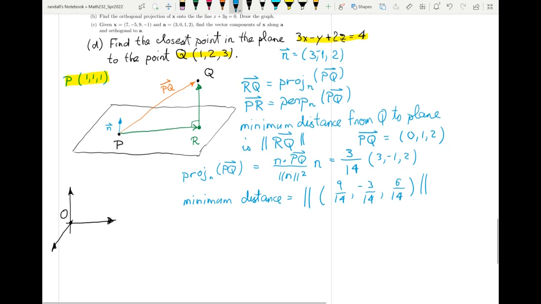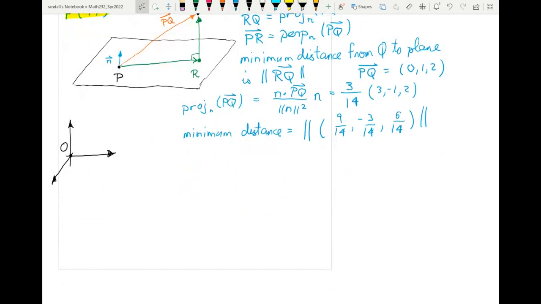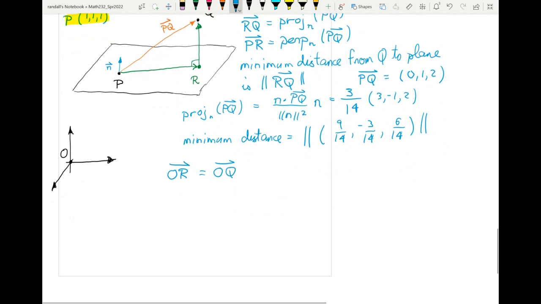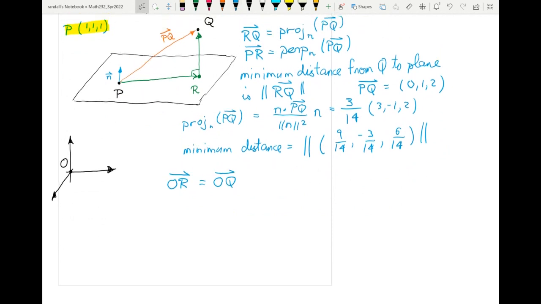Now let's find the point R, on the plane. So where on the plane is this point R that has that distance from Q? Let's look at the picture now. I see the vector OR from origin to R can be written as O to Q plus or minus, let me do it two ways, the projection onto N of PQ.